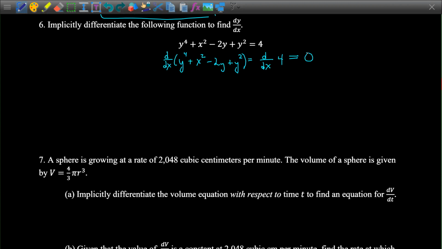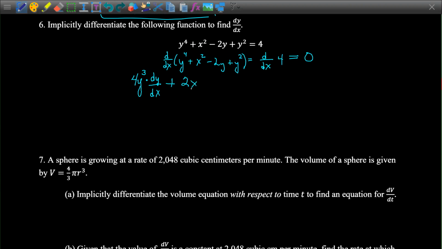And let me go through this derivative on the left side. So we have the derivative of y, and y is our function of x. So it starts out looking like the power rule, but then we have to apply the chain rule, which means we tack on the dy dx. The second term, x squared, doesn't have y in it, and we just treat that like the regular power rule.